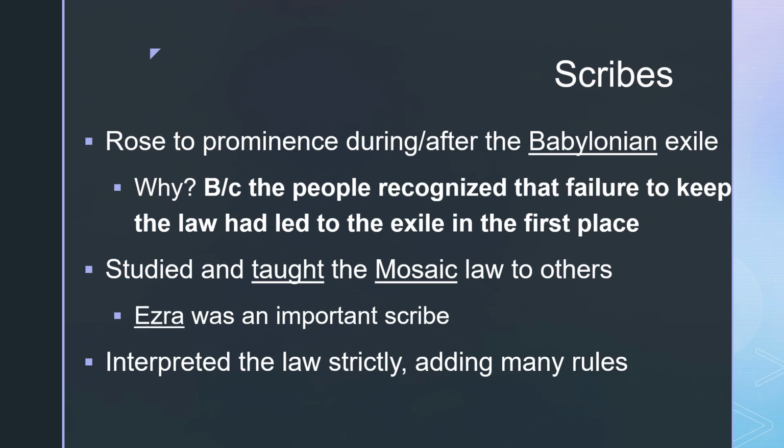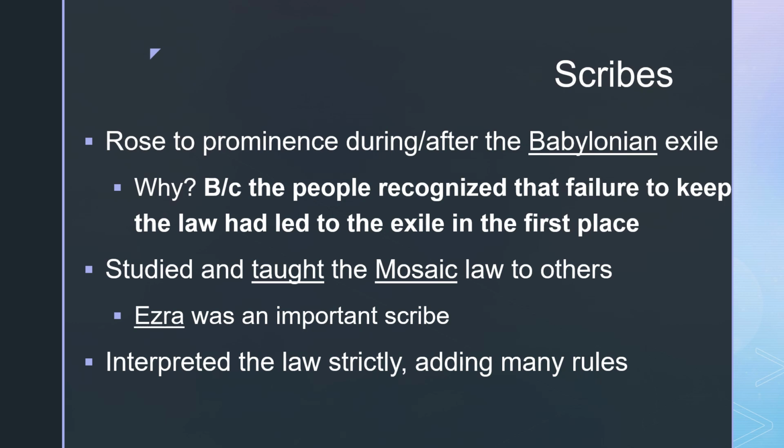And so in their zeal, which was probably coming mainly from a good place, they would add rules, right? Kind of like maybe we find ourselves going from, you know what, I really need to read the Bible more often than I do, to, I really have to read the Bible every day. And if I don't read the Bible every day, or if I don't read the Bible 3 times a day, or if I don't read the Bible at exactly this time, I've failed.